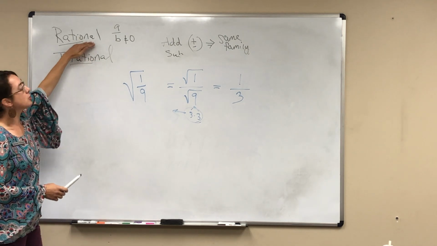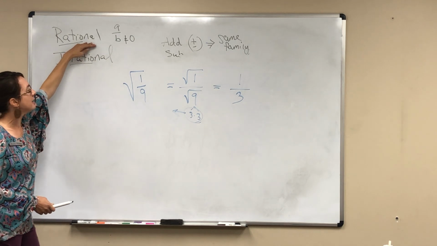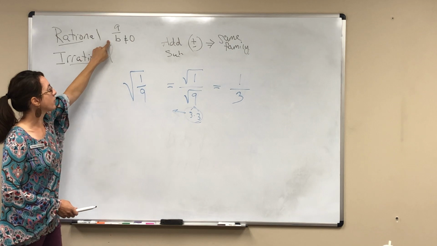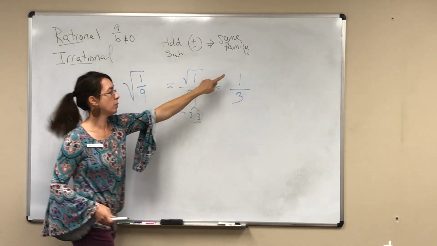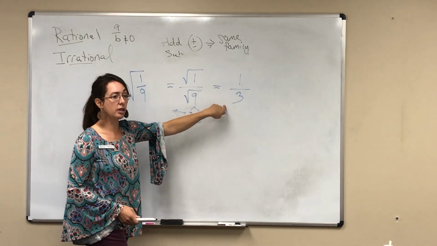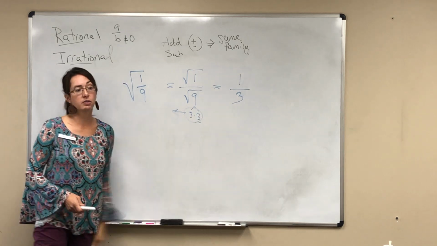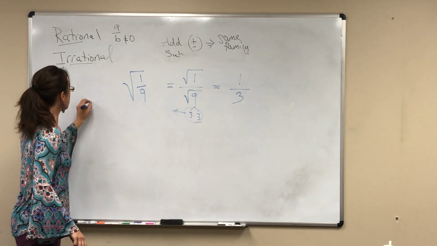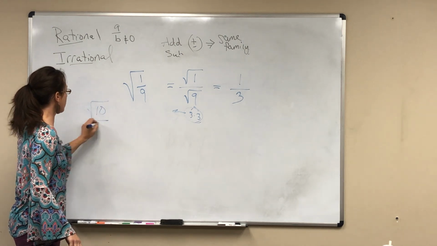What does a rational number mean? It simply means it can be written as a ratio, an integer over an integer, as long as the bottom isn't 0. Is 1 an integer? Is 3 an integer? Yes. Is the bottom number 0? No. So you're good.